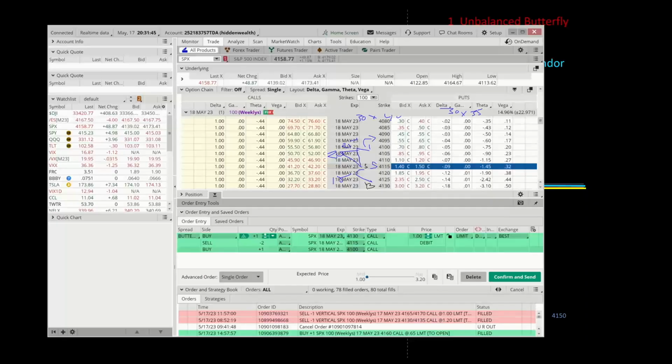Okay. So what you see here right now with volatility so low, if I did it really to get close to zero, whoops, let me go with puts.